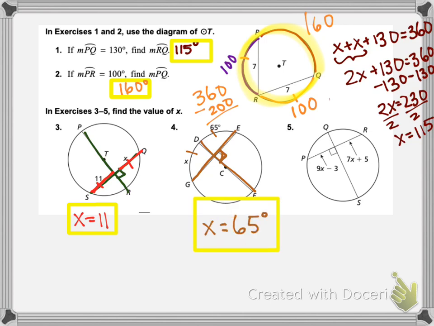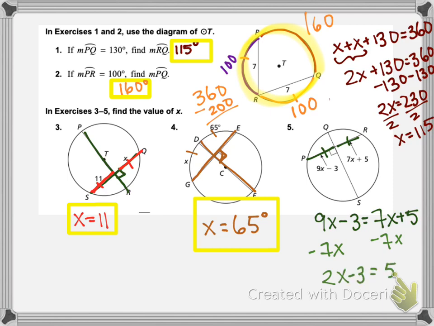So x is 65. And then number 5 is the same idea as number 3. The chords are cut into two congruent halves, which means that they equal each other. So move the smaller x. We want to get 2x by itself, so we need to add the 3. So 2x equals 8, so then x equals 4.